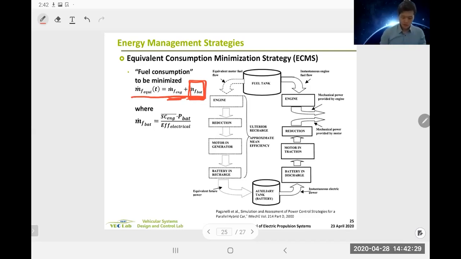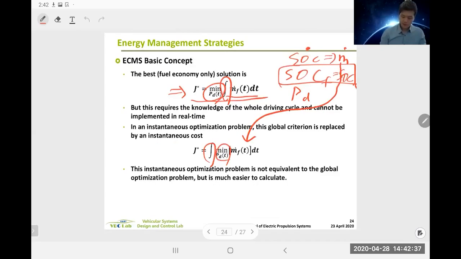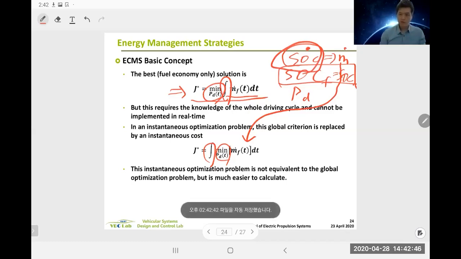So the way we can convert battery power, by the way, SOC dot is battery power, right? Do you remember the battery model? SOC dot is current, right? So if voltage is known, then it's power.